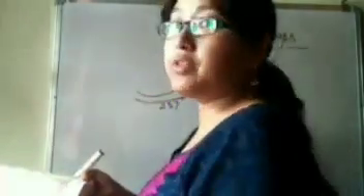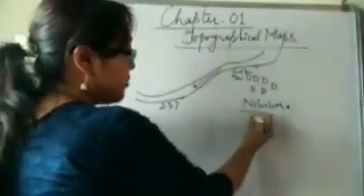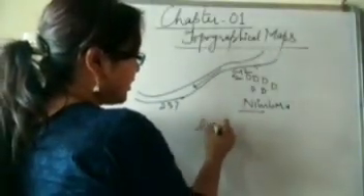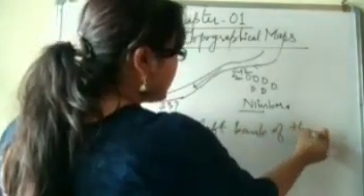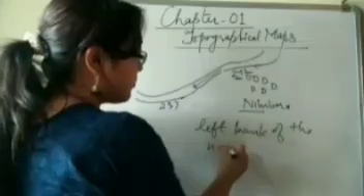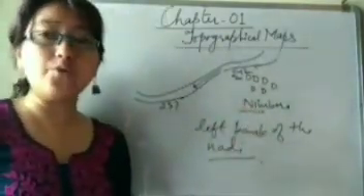Now hold your topo map like this, follow that arrow. Now Nimura is towards left bank. So what is the answer? The settlement Nimura is towards left bank of the river or Nadi. So this is the answer.